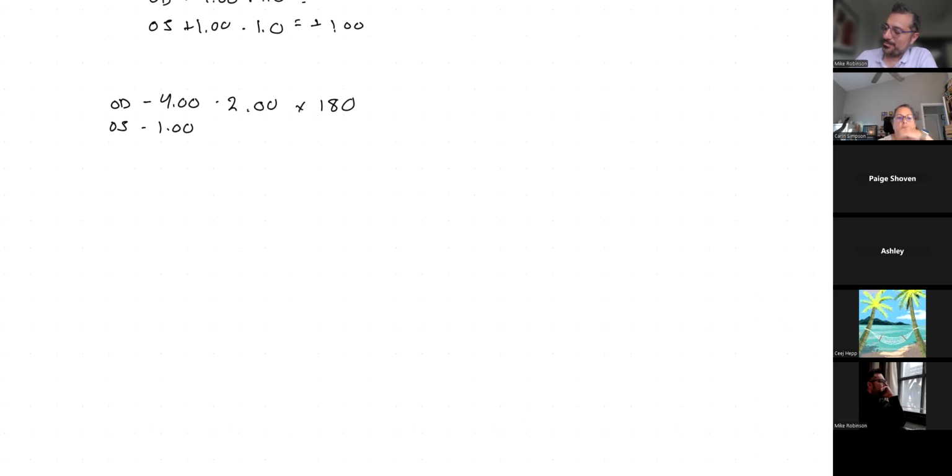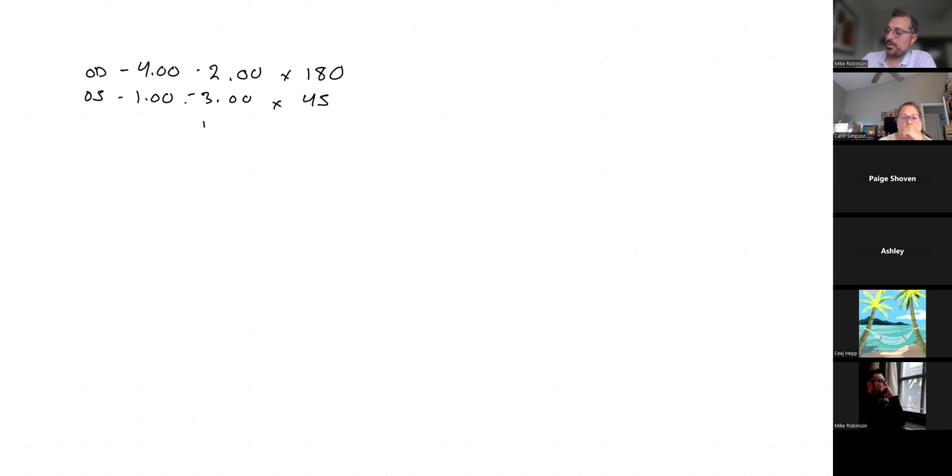So let's do a cylinder of 3 here, and we're going to do that at the 45. So still pretty easy with this. Oh, sorry, the reading add is +2. Now, the point of reading on this one is going to be 8 millimeters below.